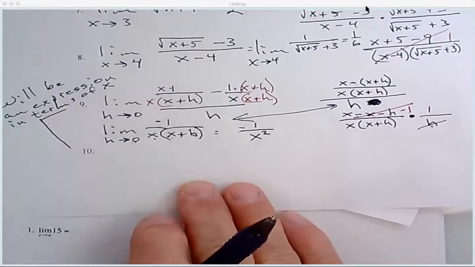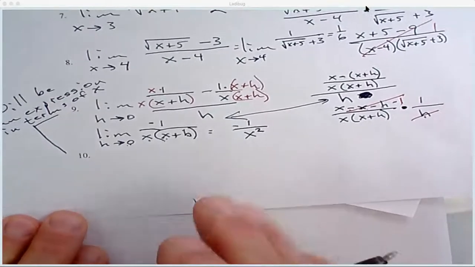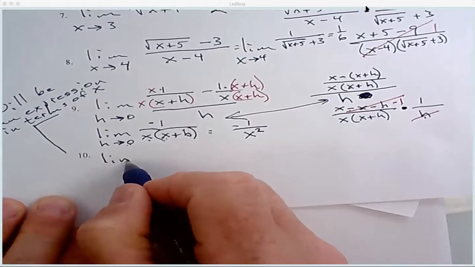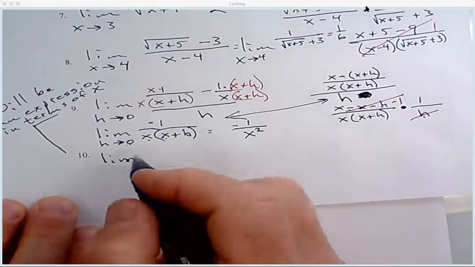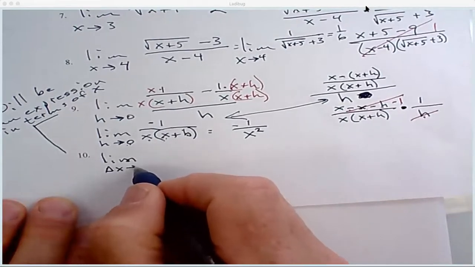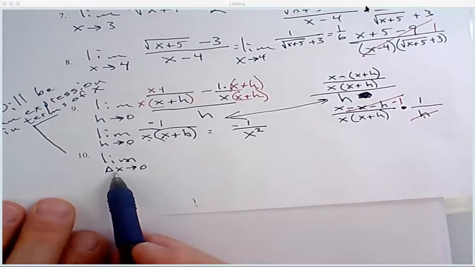All right, number 10. I'm going to show you a brand new variable you've never ever seen. It's called delta x. It means the change in x.